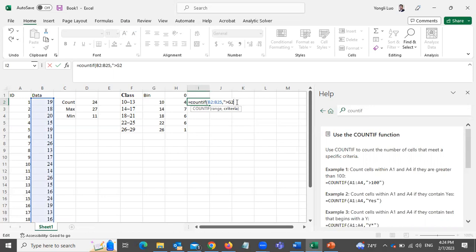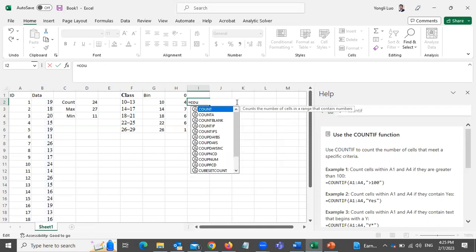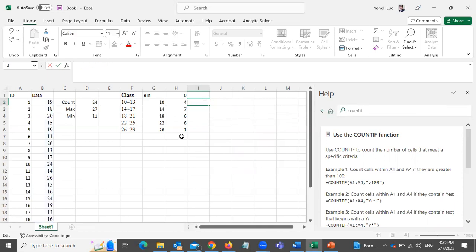So learn how to use FREQUENCY and learn how to use COUNTIF, and then you know how many numbers are within that category. My data is different from your project. I just wanted to let you know the function. Then we have the total. Remember, do you know how to get the total?